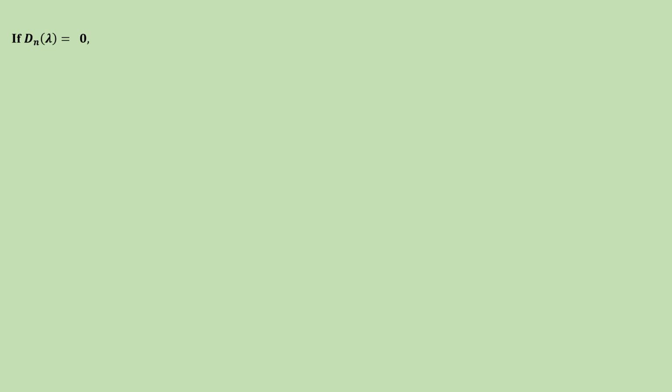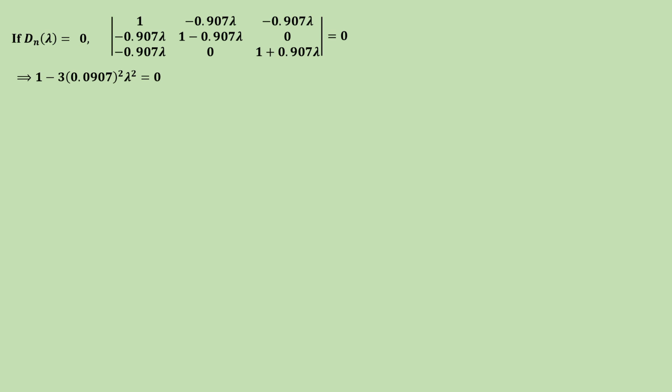So we put D_n(lambda) equal to 0 and solve the determinant, expanding along the rows. We get 1 minus 3 times 0.907 squared lambda squared equal to 0.